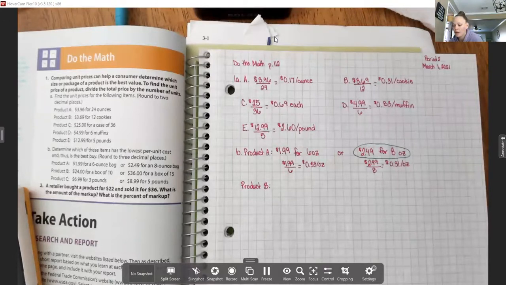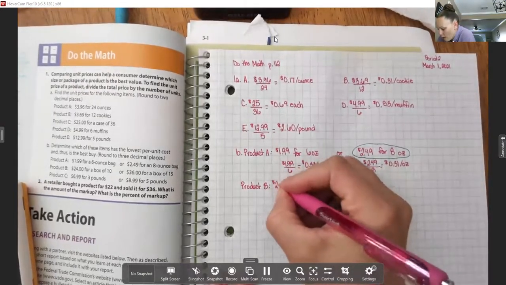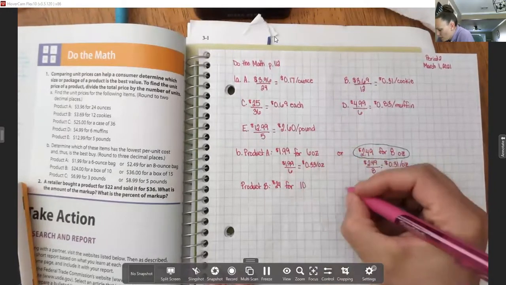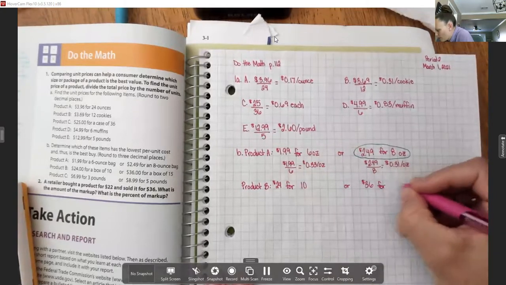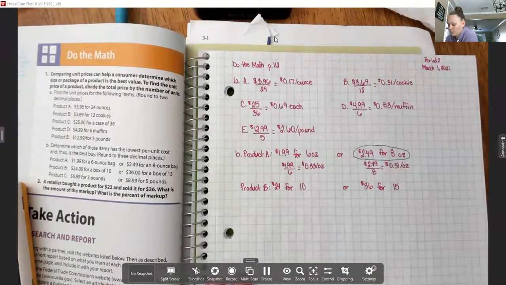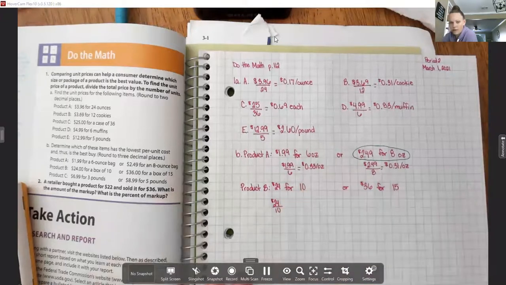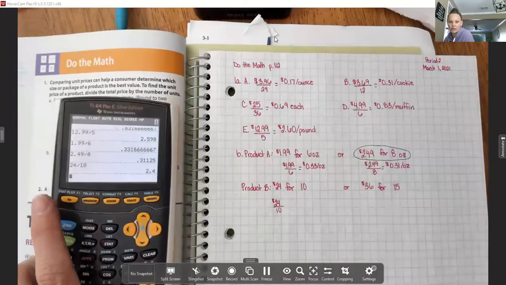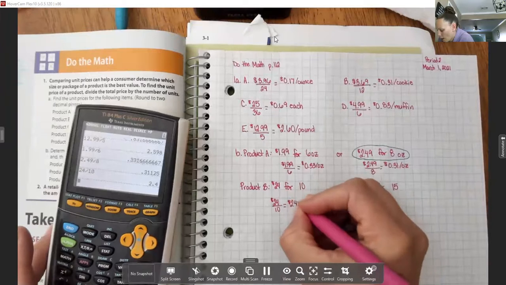All right, product B, same idea: $24 for a box of 10 or $36 for 15. So $24 divided by 10, which some of you may be able to do without your calculator, is $2.40 each.